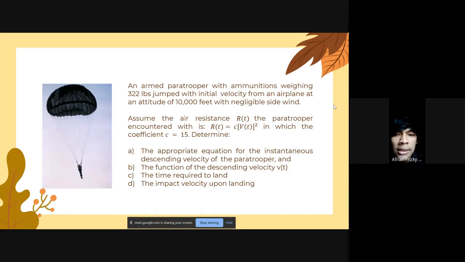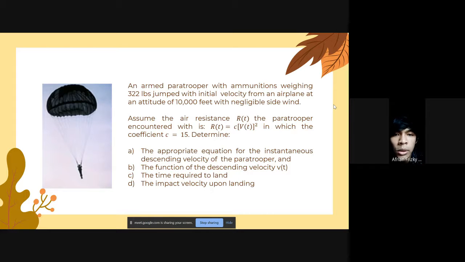Assume the air resistance R(t) the paratrooper encounters is R(t) equals C times V(t) squared, in which the coefficient C is equal to 15.